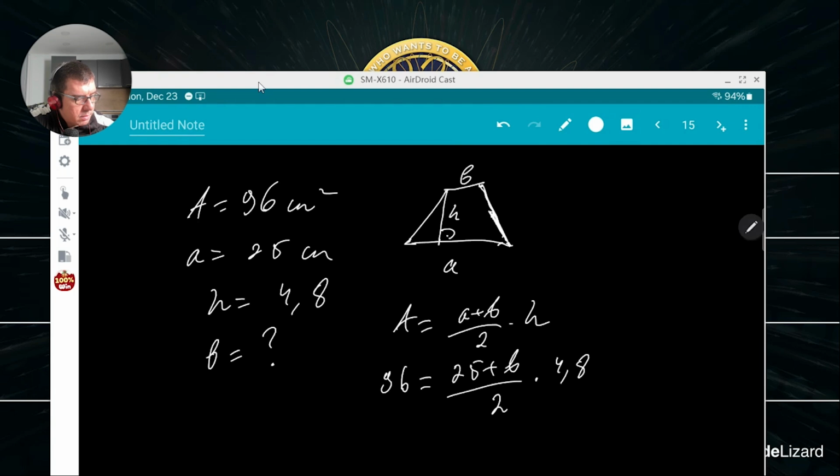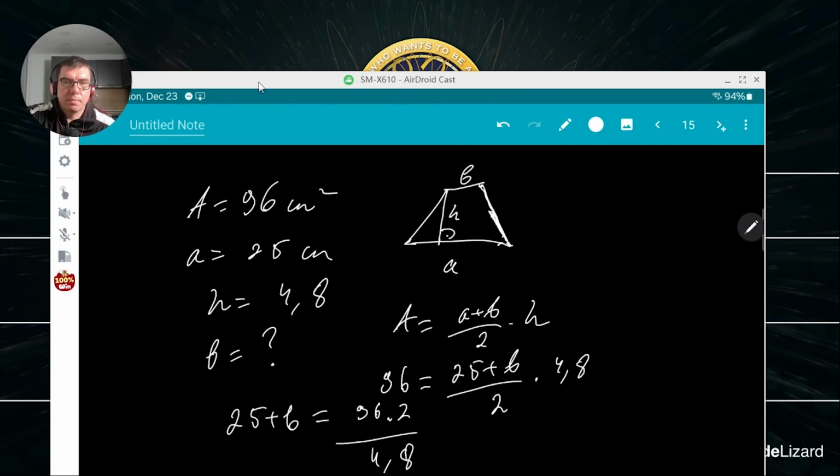Alright. Multiply by 2 on both sides. 25 plus B equals to 96 times 2 divided by 4.8.